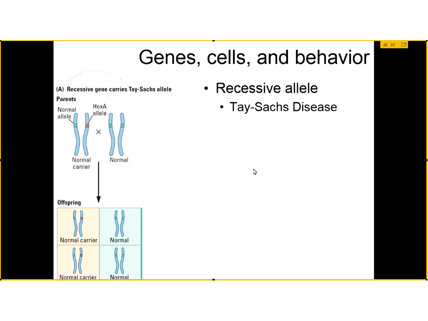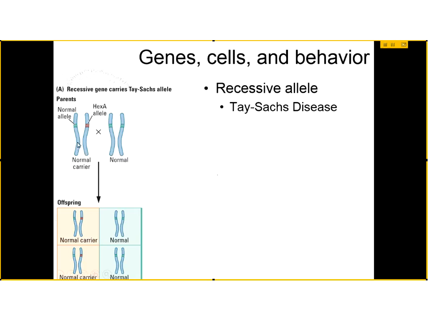And the child will be blind. Typically, there will be a degenerative motor disorder, and there will be mental delays, and usually the child will die within the first few years with Tay-Sachs disease. And it's because of this recessive allele that produces a dysfunctional protein. This is also in your book if you want to review it there.